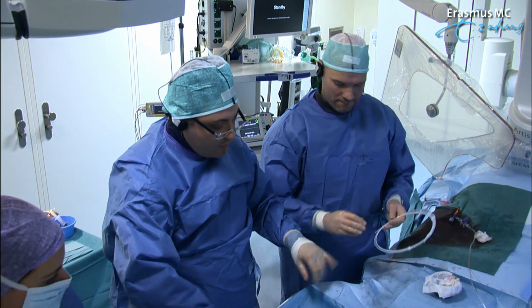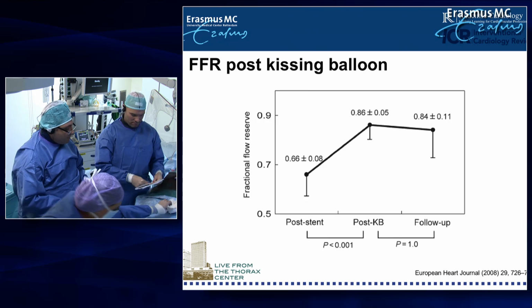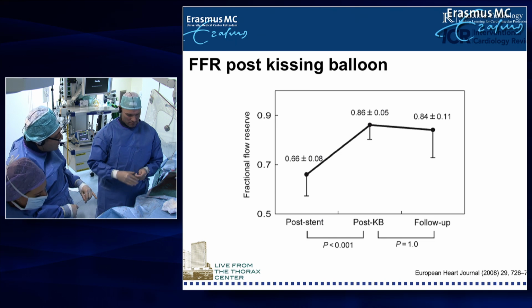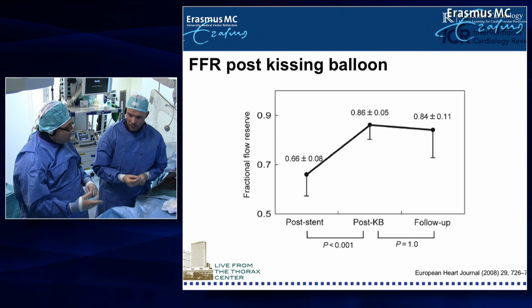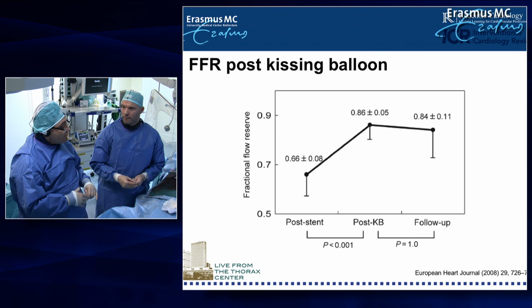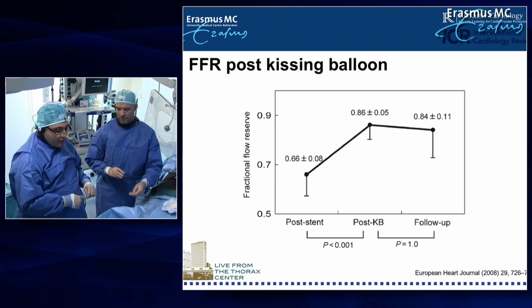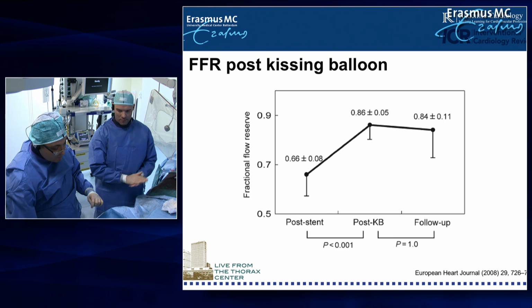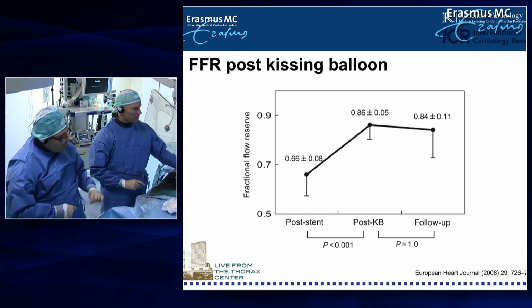Of course, that was the meaning of the FFR in the side branches. And what they have seen is also that the kissing balloon is effective in maintaining these improved values of FFR over time.